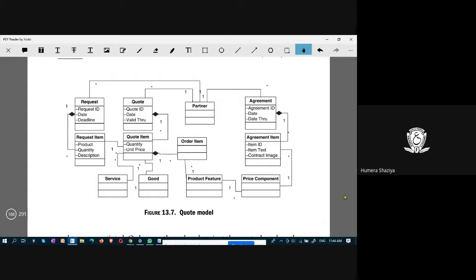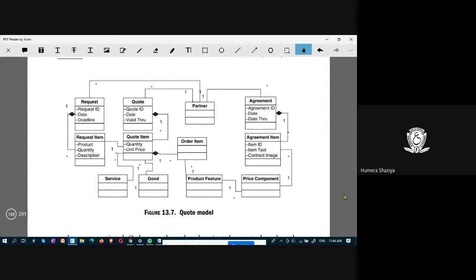Then agreement item, on which they are agreeing, what the terms are. And then that includes the price component essentially. Price is always decided based on product features, and this product feature is part of an order item, which will be part of quote item, which further is a part of quote.